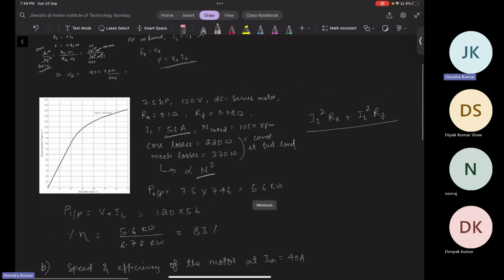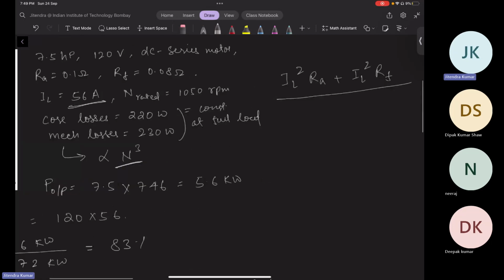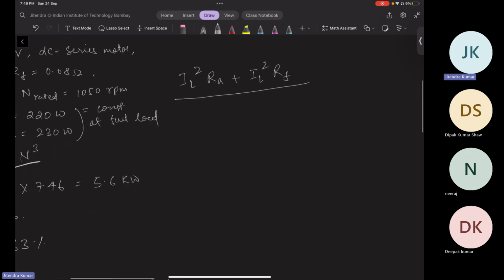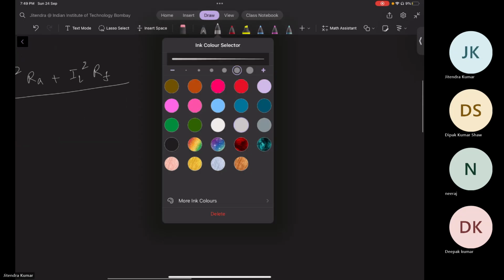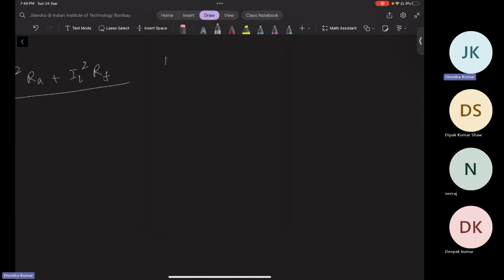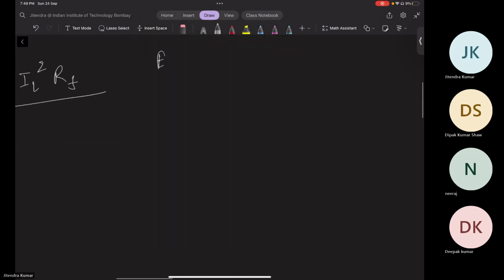So let us find EB for the first case. EB1 will be equal to VT minus IL, or IA or IF, whatever, all of them are in series, IL times RA plus RF.